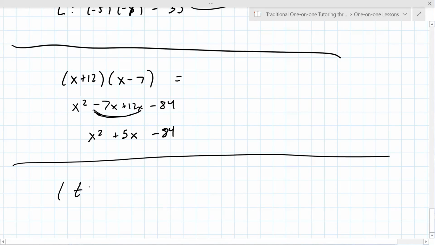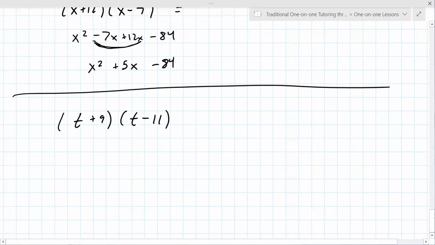I can introduce other variables like t plus 9, t minus 11. Okay, t squared minus 2t minus 99.